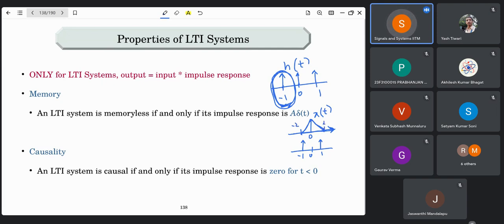This is not to scale. So if I try to find out the output of the system for 0, what would be the corresponding output?